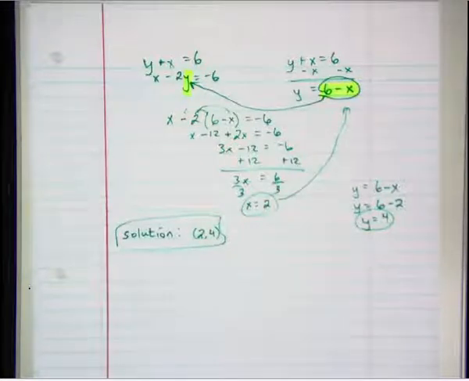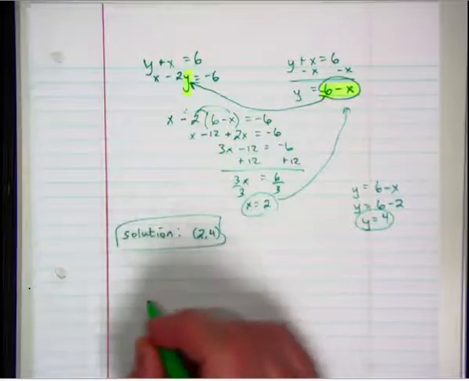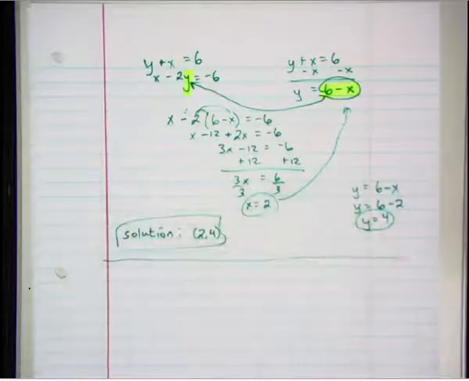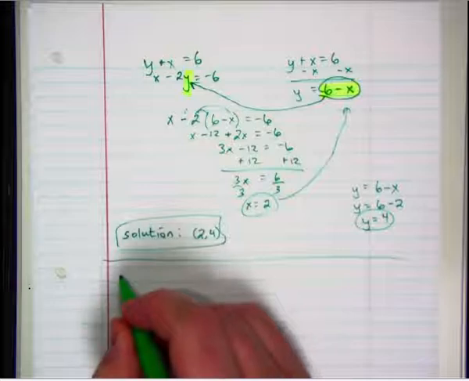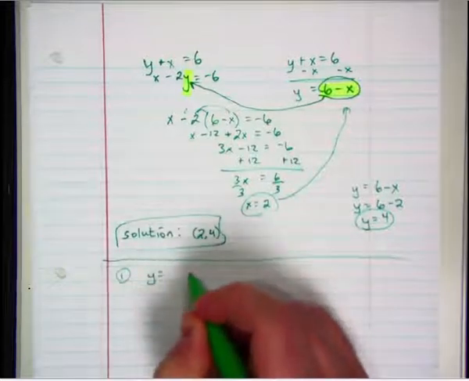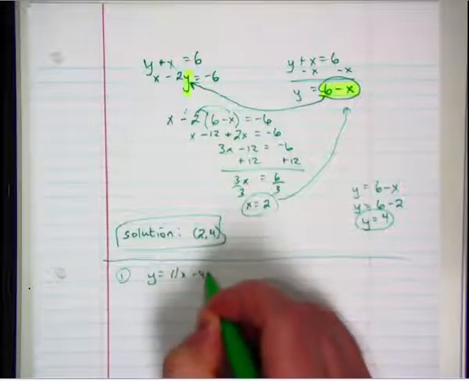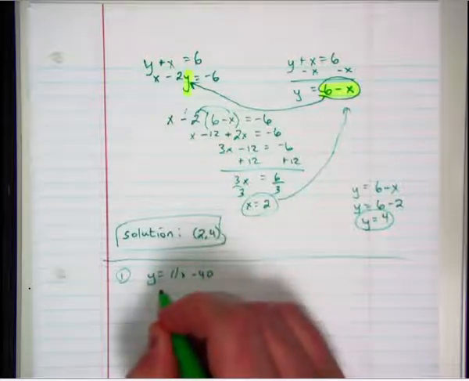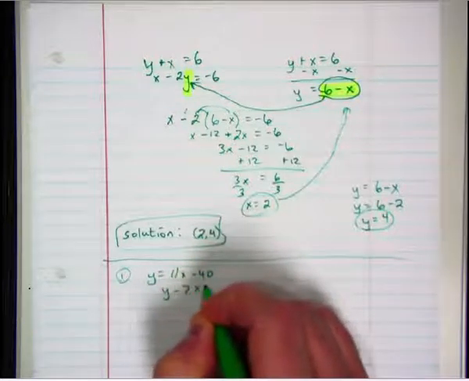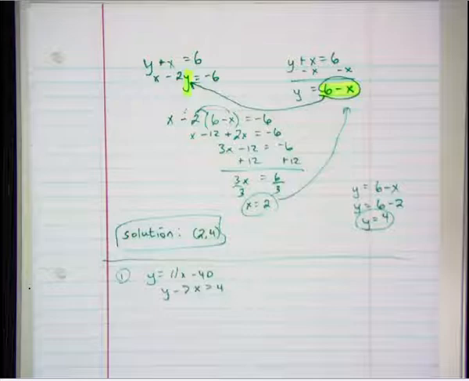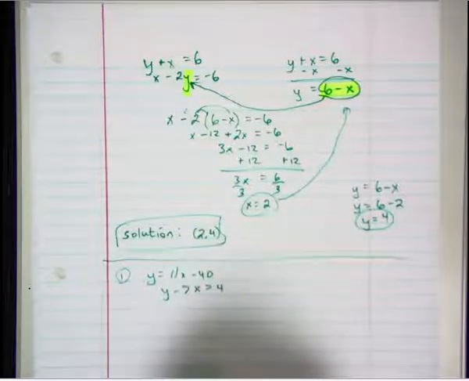We will practice this a lot more in class. In the meantime, if you could come into class, please, with these two questions, I'd like you to try them. The first one is y equals 11x minus 40, and y minus 7x equals 4. Solve that system of equations using the substitution method.